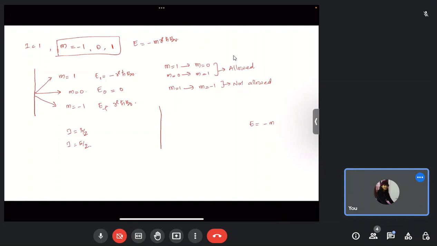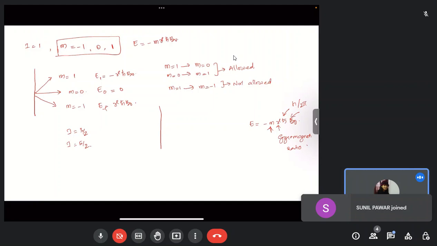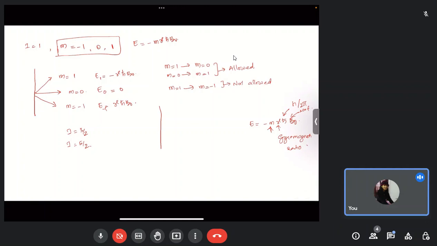It has minus m gamma h cut B naught, where m is the magnetic quantum number, gamma is the gyromagnetic ratio, h cut is the Planck's constant h by 2 pi, and B naught is the external bulk magnetic field into which we keep the nuclear spins, which lets them align to one orientation.